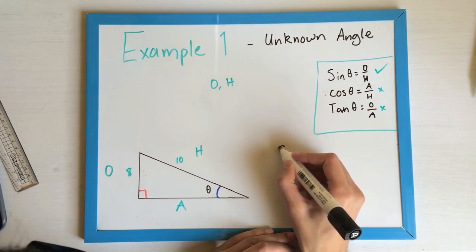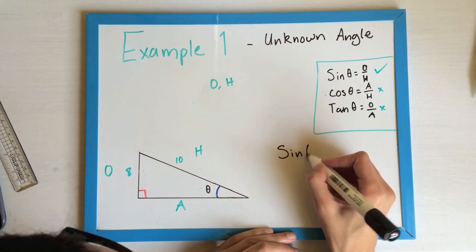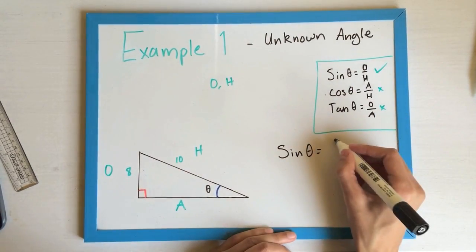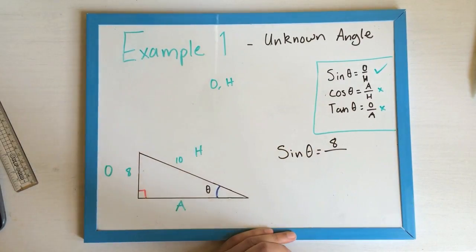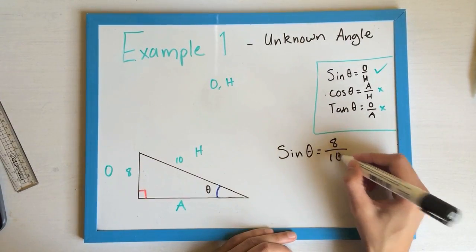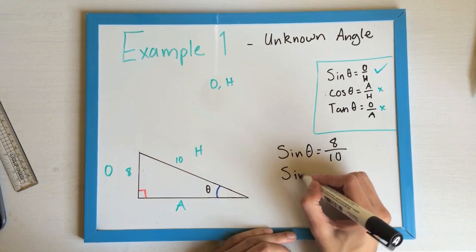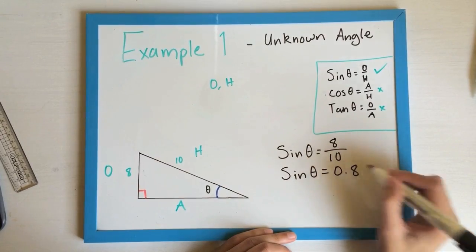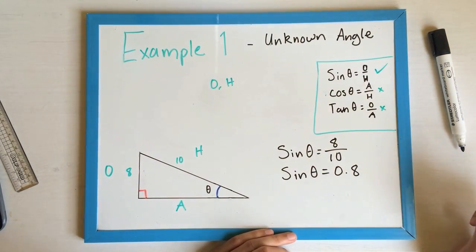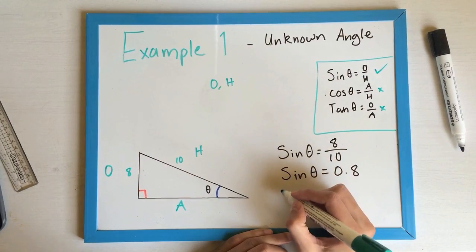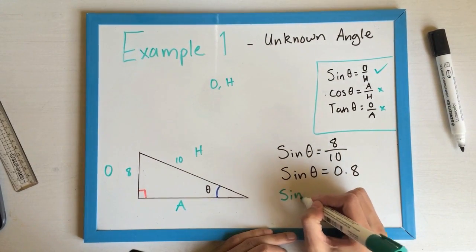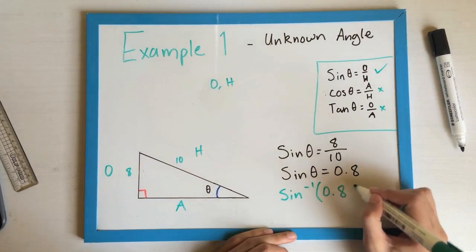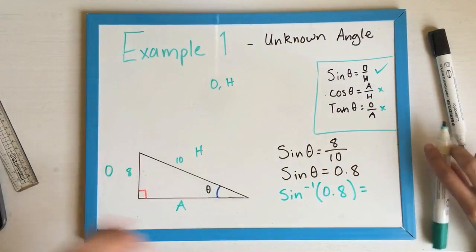So we can write this as sine theta is equal to the opposite, which is 8, over the hypotenuse, which is 10. Sine theta now becomes equal to 0.8. Now, to find theta, we just need to do the inverse of sine, which will give us our final answer.